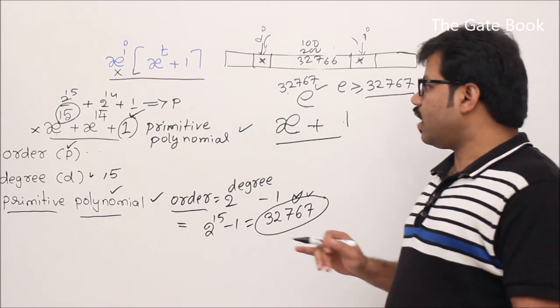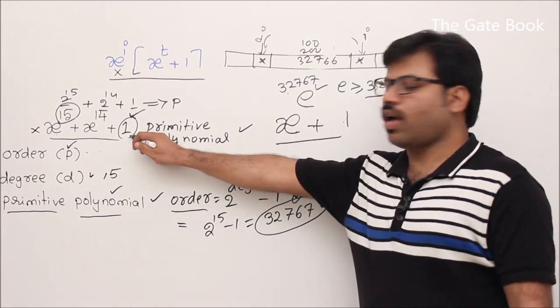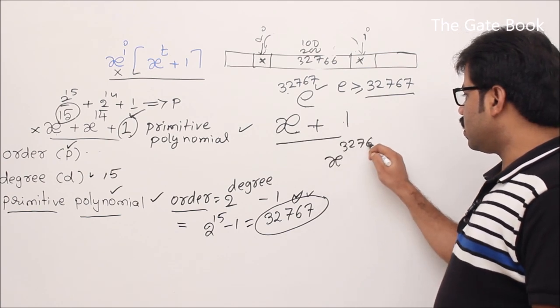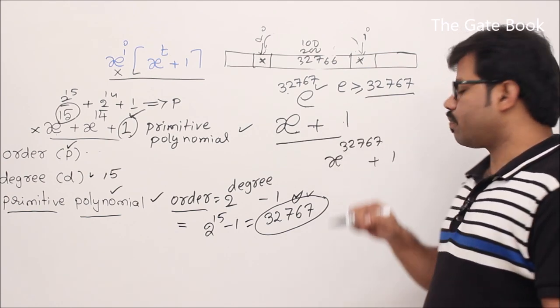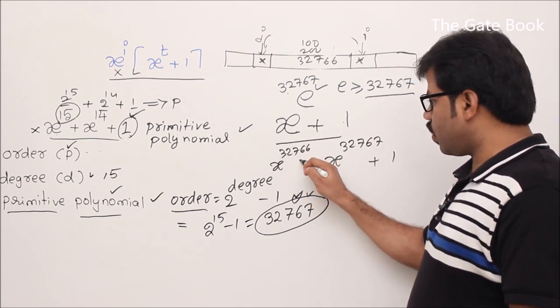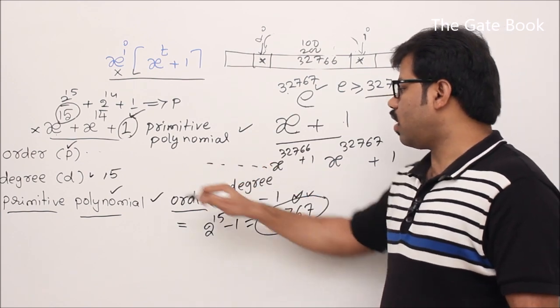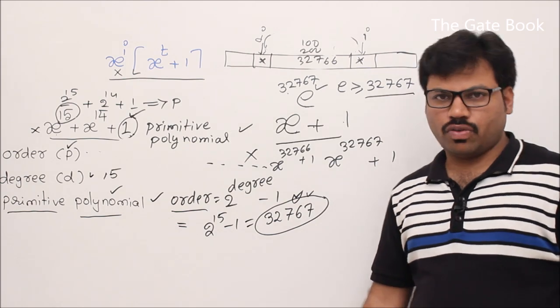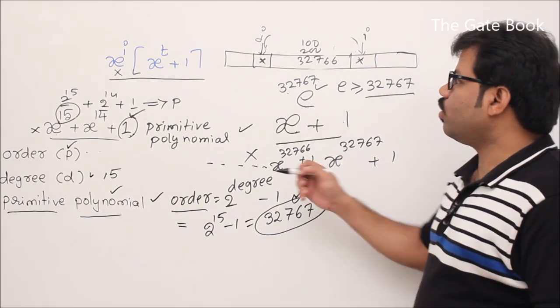Okay. So finally, what I realized is this primitive polynomial can divide x power 32,767 plus 1. But before that, x power 32,766 plus 1 and so on, all these polynomials cannot be divisible by this x power 15 plus x power 14 plus 1. Now we'll come back to our thing.